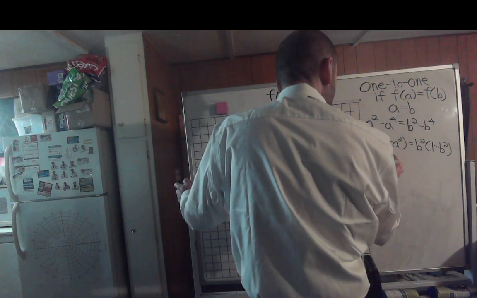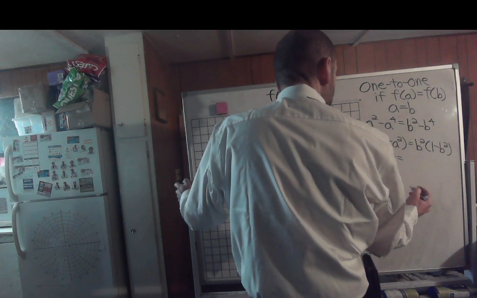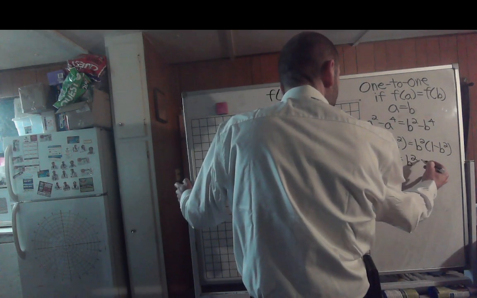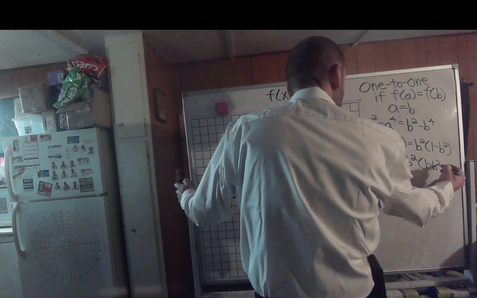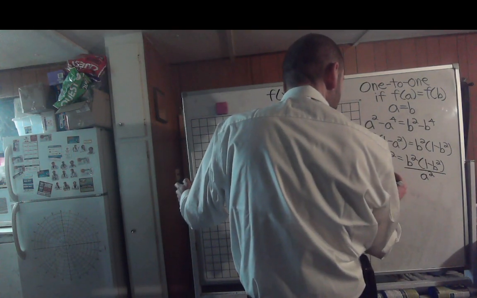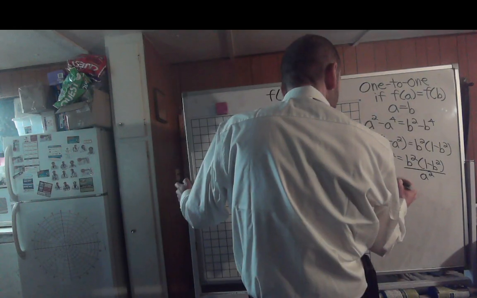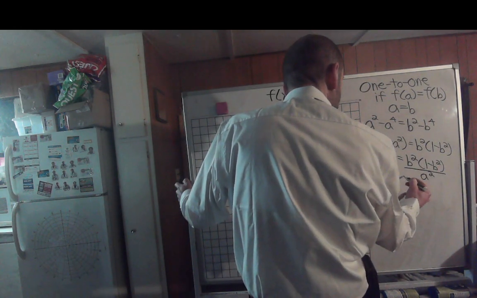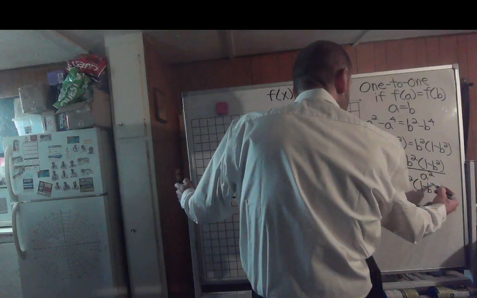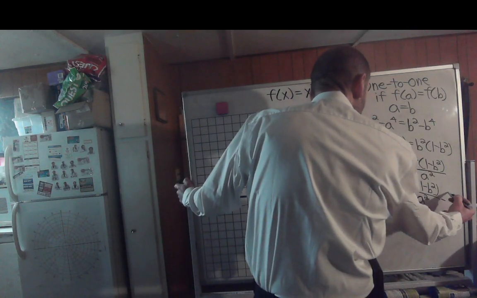Alright, well you would end up then getting 1 minus a squared is equal to b squared times 1 minus b squared all over a squared, which would then give you that negative of a squared equals b squared times 1 minus b squared all over a squared minus 1.